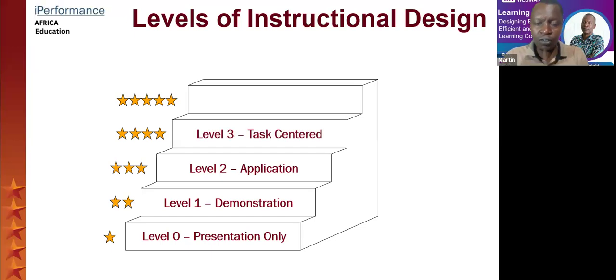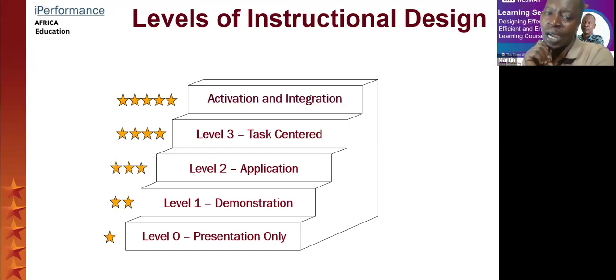Then a 4-star training would have your presentation, your demonstration, your application, and it's centered around a task. Then a 5-star is when you have presentation, demonstration, application, your course is task-centered, and there is activation and integration. So this helps you to know how many stars you can rate your course.